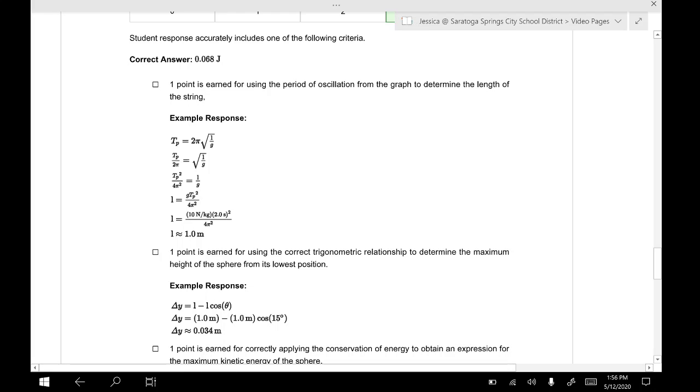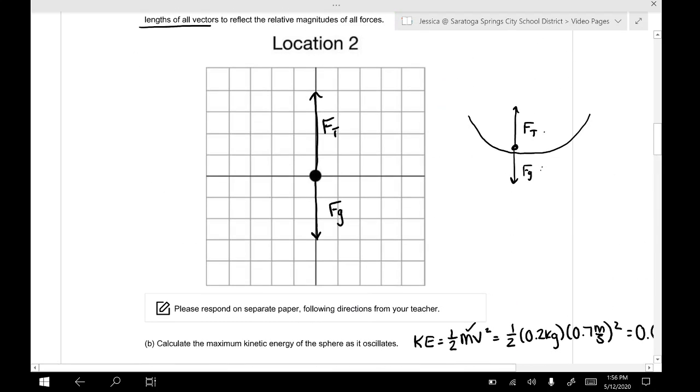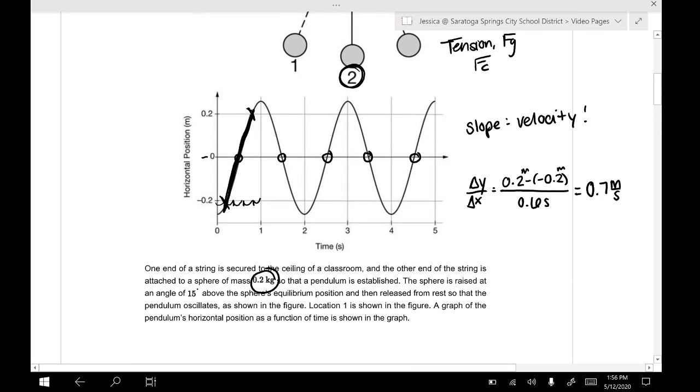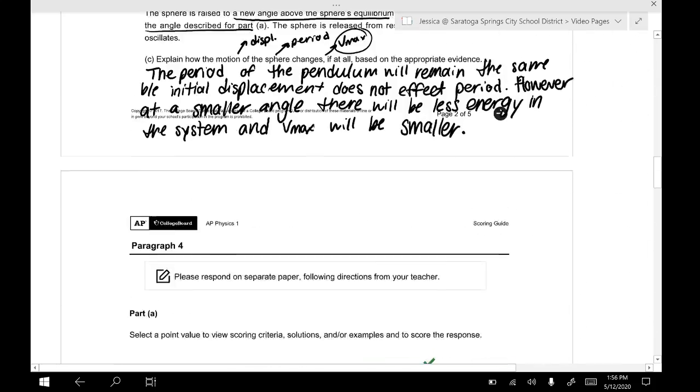So what they did is they found the period of oscillation from the graph. So they looked for one complete cosine wave, or one complete sine wave. Okay, so they got a period of about 2 seconds. So let's just see if that matches up. Okay, so let's see, from here to here, yeah, that's 2 seconds. So we have a period of 2 seconds.